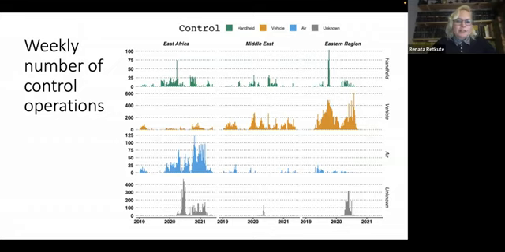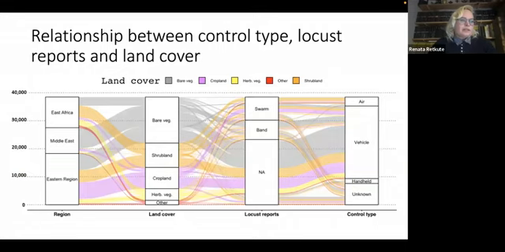In East Africa, you can see there is an increase in the number of aerial control operations, and in the system it was often unknown what kind of control was used. What was interesting for us was to understand what type of land cover and what type of crops are in those areas which were controlled.